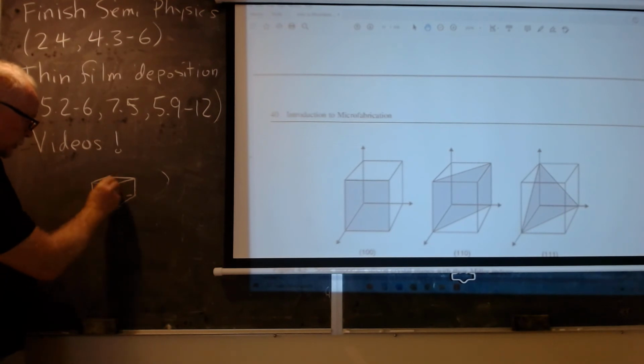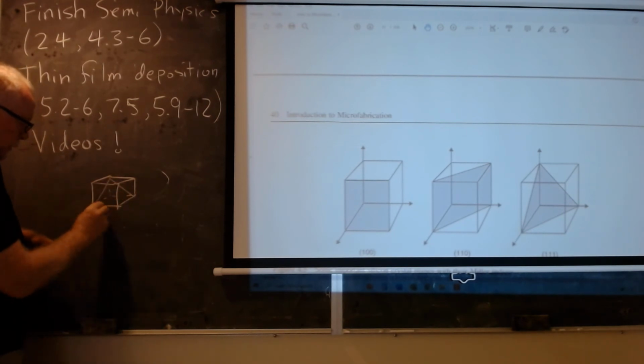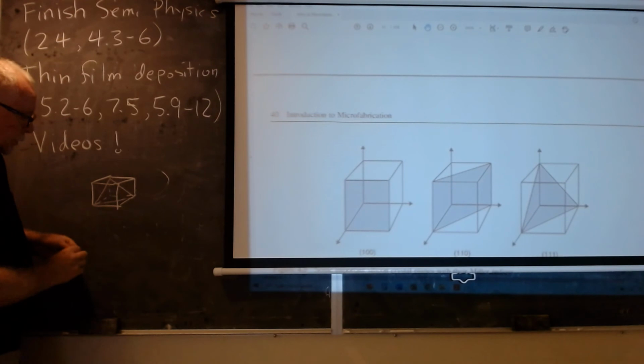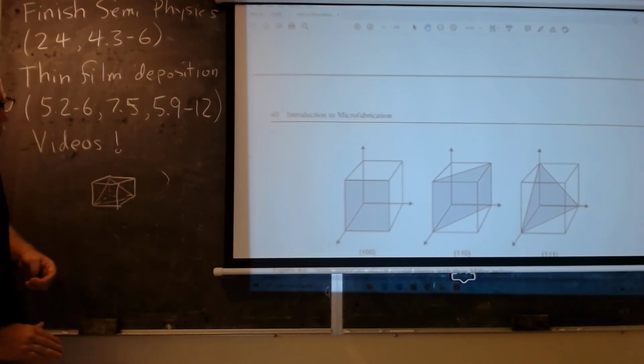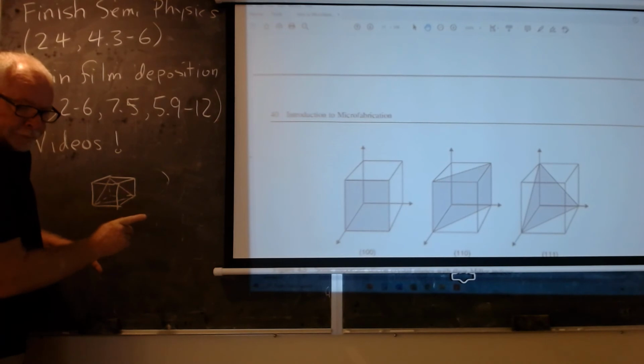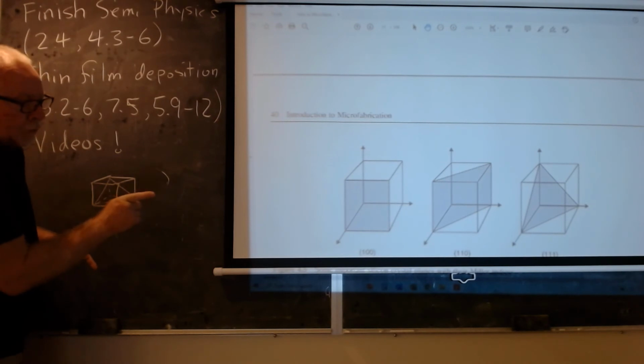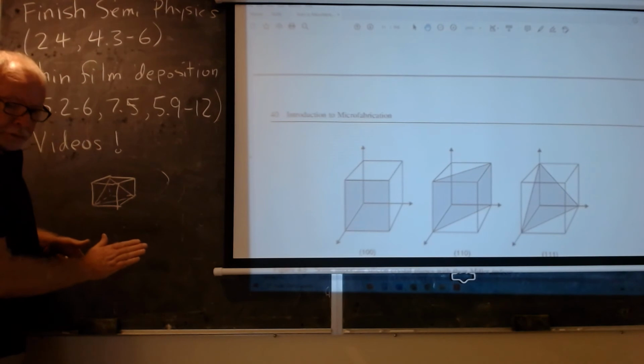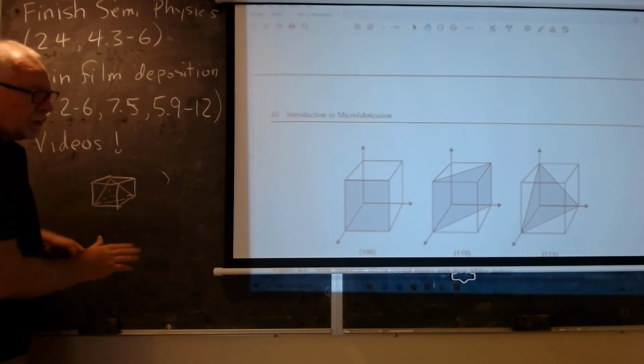You know, the 1, 1, 1 is that plane there. I'm not going to try and draw it, but you have to imagine, like the 1, 1, 1 picture there, that gray shaded plane, that for a 1, 1, 1 wafer, that would be the surface of the wafer. Okay? So try to think of it that way.